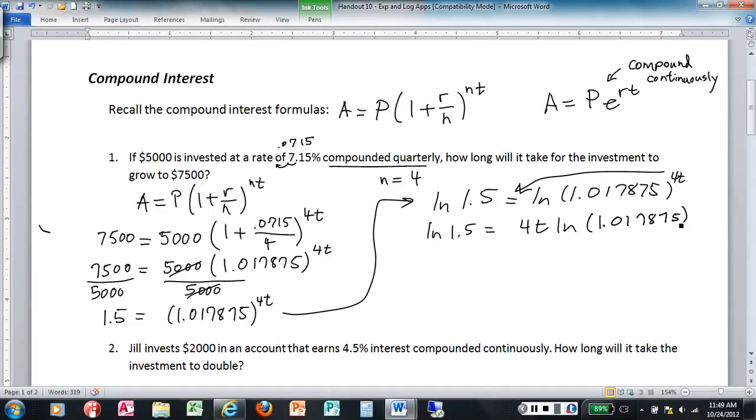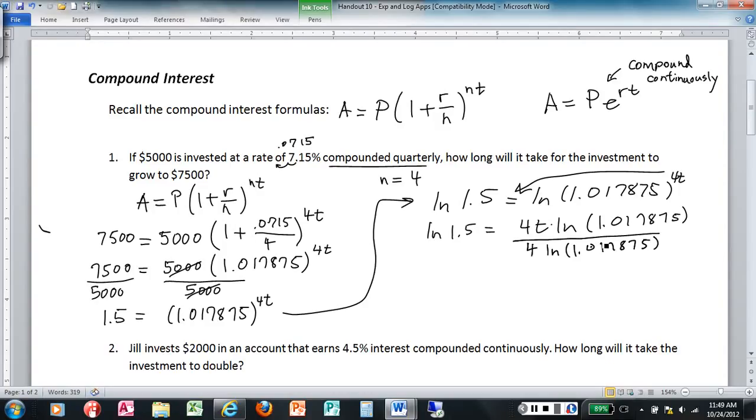Now I'm in pretty good shape because notice here that t, well, that's 4 times t. These other things besides the t, they're just multiplied by t. So I can divide them off both sides, and that'll get rid of them on the right side and leave me only t.